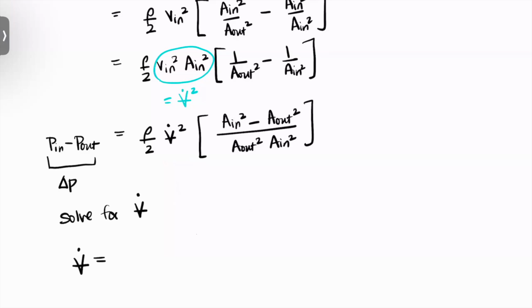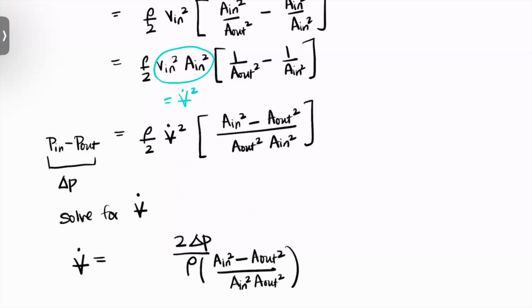We have delta P times 2 divided by rho, divided by A in squared minus A out squared divided by A in squared times A out squared. Just move this over. And then we have the square root of this whole thing.